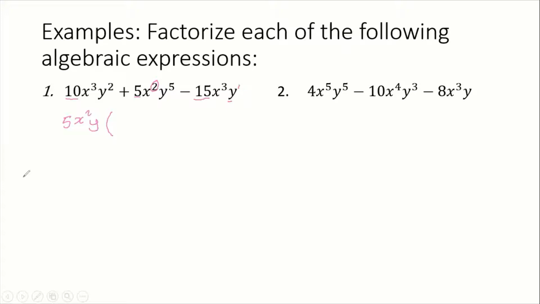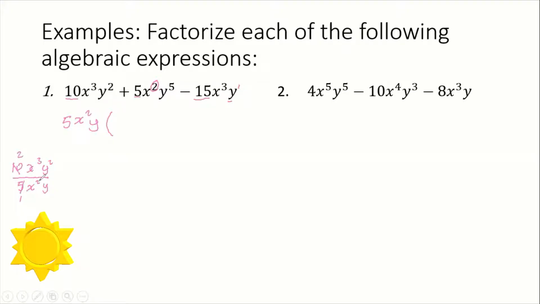So we're going to take 10 x to the third power and y to the second power. We're going to divide that by the highest common factor, which is 5x squared y. So note now, 5 can go into itself one time, and 5 can go into 10 two times.